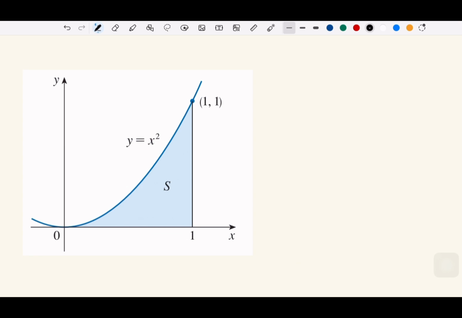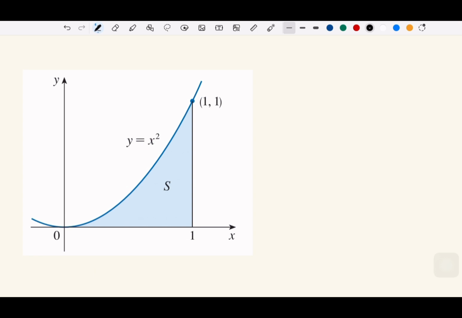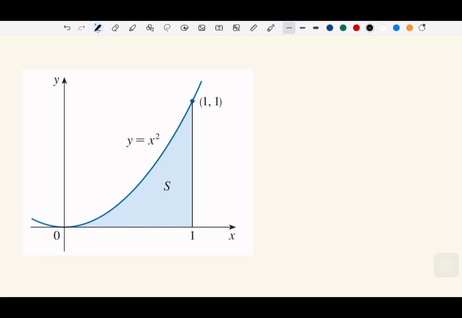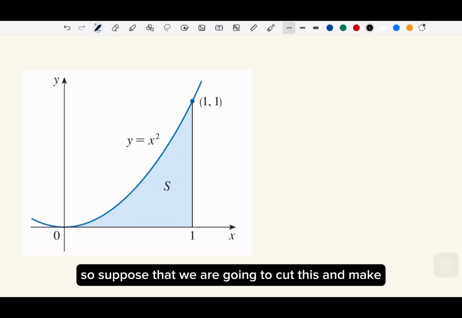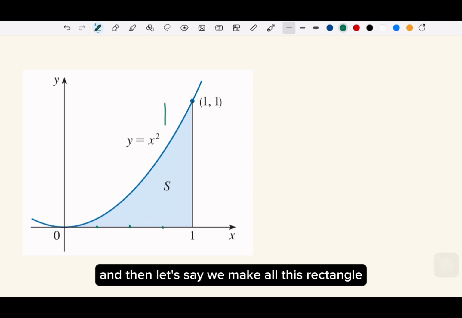So the way we try to find the area is to split or cut it into several parts, and we need to make some approximation. So suppose that we are going to cut this and make rectangles. Let's say we make 1, 2. Let's say we take this much, and then let's say we make all these rectangles.